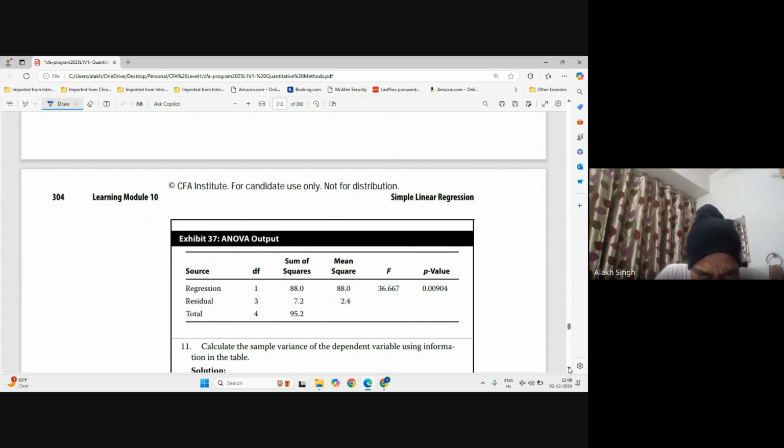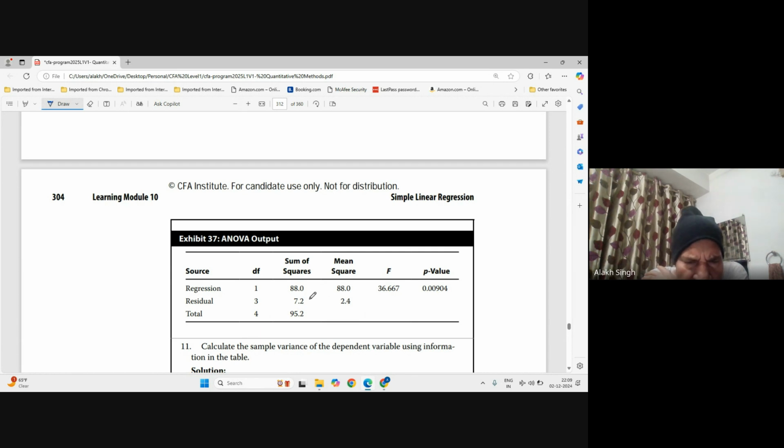Calculate the sample variance of the dependent variable using information from the above. So sample variance. We have residual is 7.2. That was a sample variance, no?